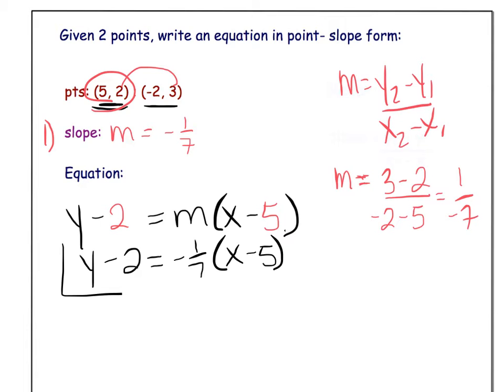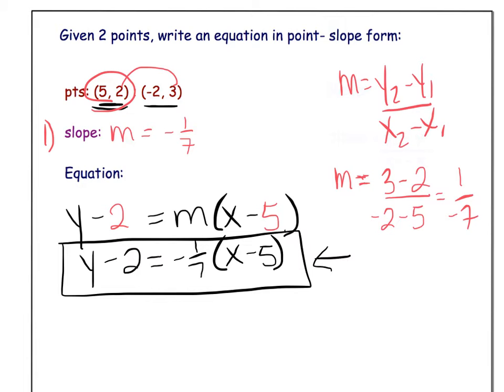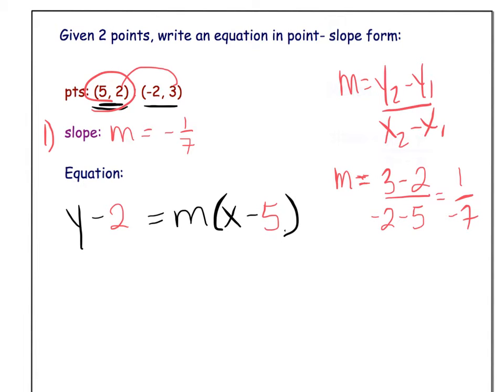And you're done. There's no need to rearrange that into slope-intercept form unless you're specifically asked to. This is its very own legitimate equation for a line. So let's give it all the credit it's due and leave it in point slope form.